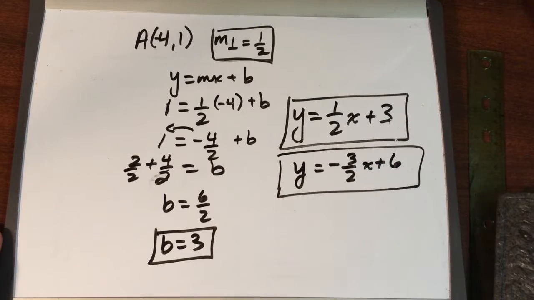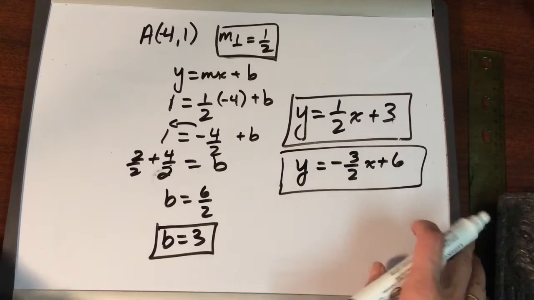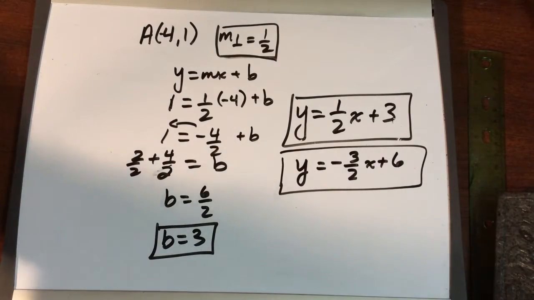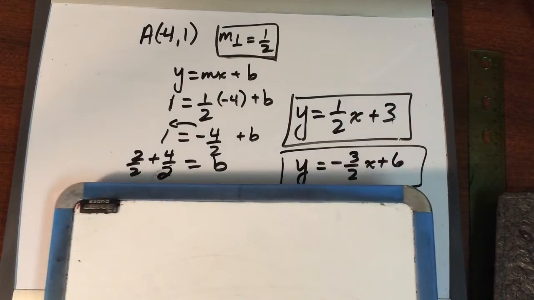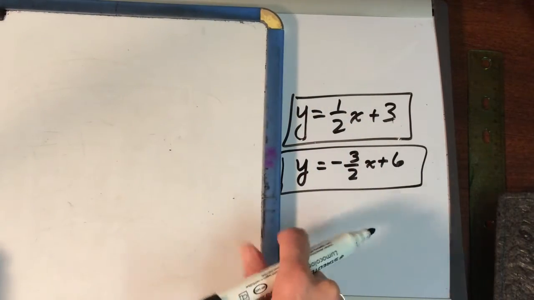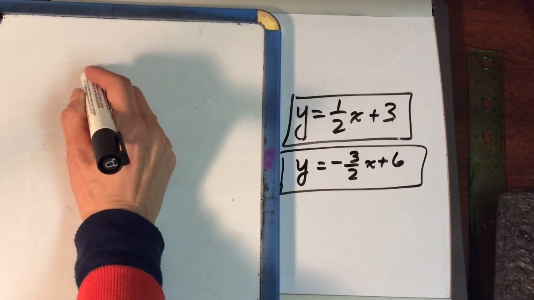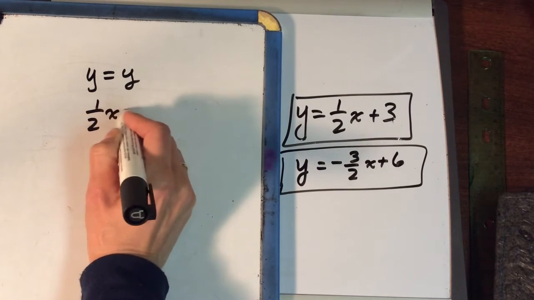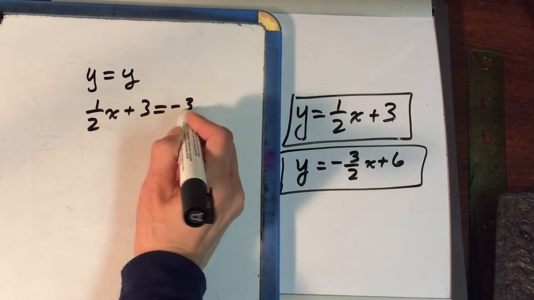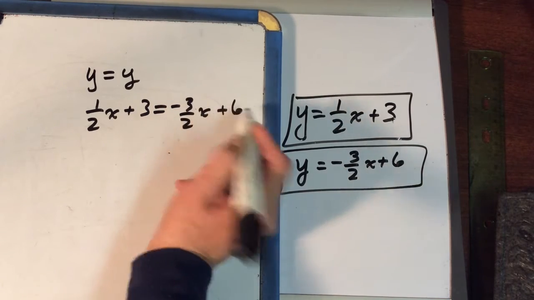And we've been doing substitution, so why don't we just continue with that? So using these two, I can then work at them here. y is equal to y. 1/2 x plus 3 is equal to negative 3 over 2 x plus 6.